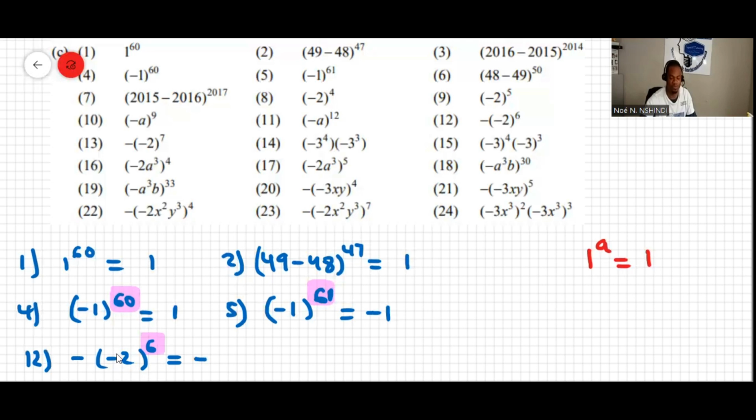It's going to be positive 2 to the power of 6. So you can write it like that. Then the answer becomes negative 2 to the power of 6. You can stop there, or you can simplify further. This is equal to negative 64.